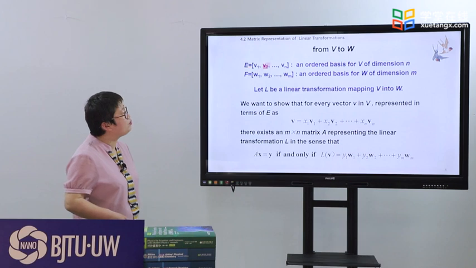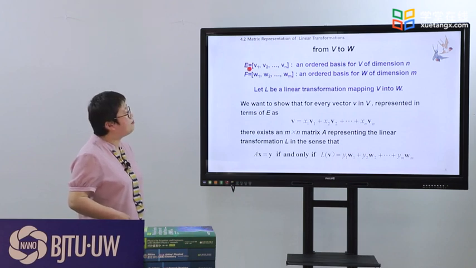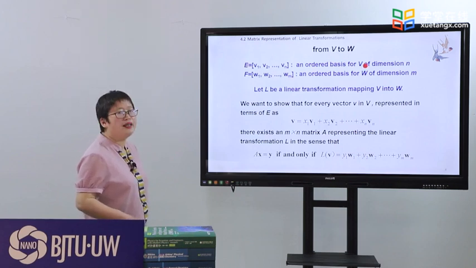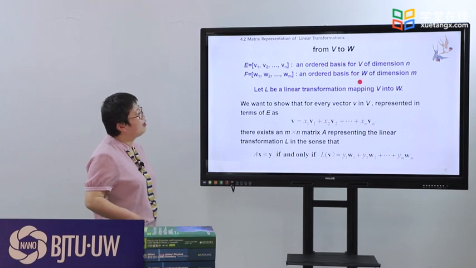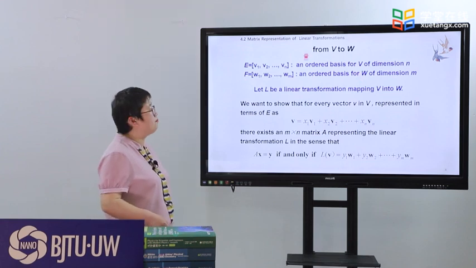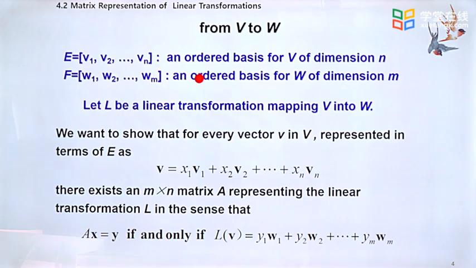Here you have two bases. One basis E is for V. Another basis F is for W. They are two different vector spaces. And here x is a coordinate vector with respect to E. And here y is a coordinate vector with respect to F for the linear transformation L acting on x.